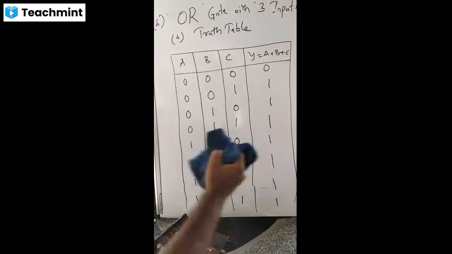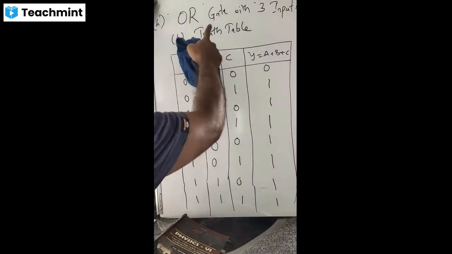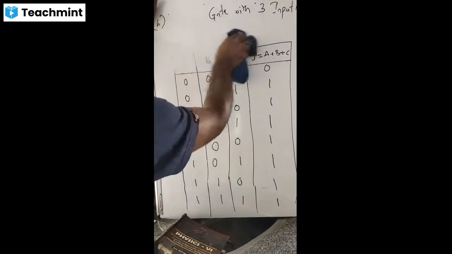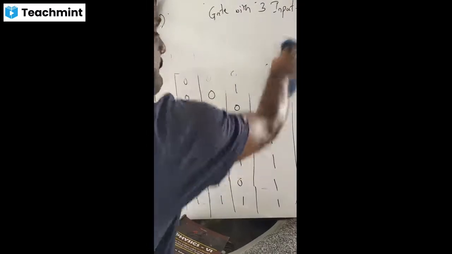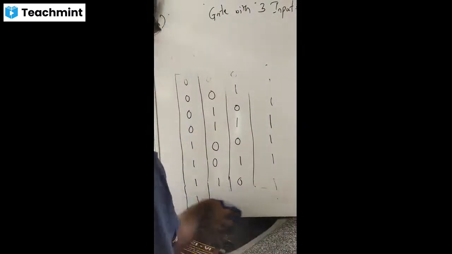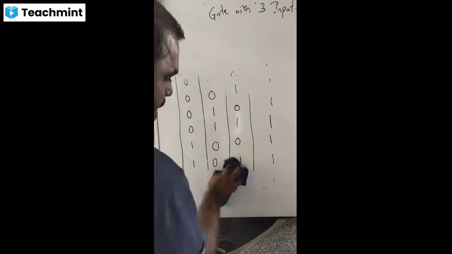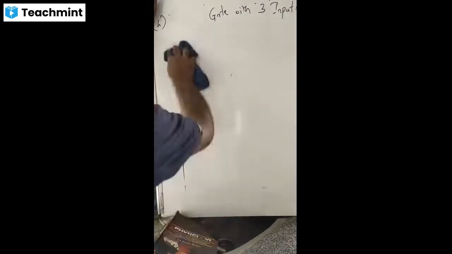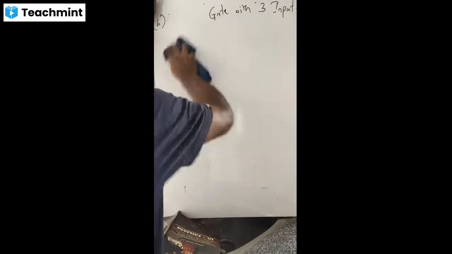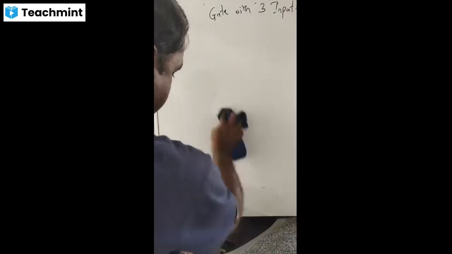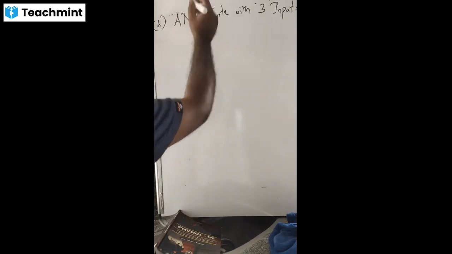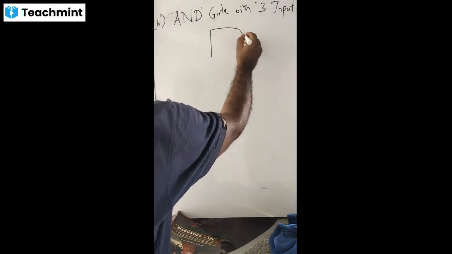So now, OR gate we completed, AND gate with 3 inputs. This I will remove. AND gate with, so symbol, as you know, this symbol is like this.